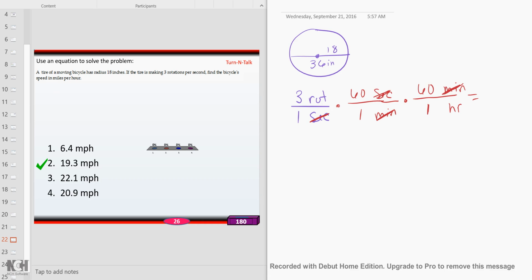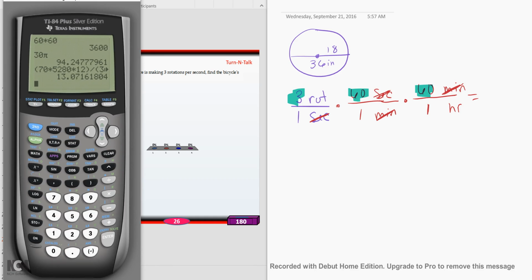So let's simplify that. On top we have 3 times 60 times 60, which is 10,800 rotations per 1 times 1 times 1, which is per 1 hour.